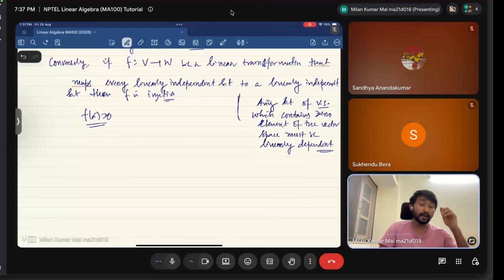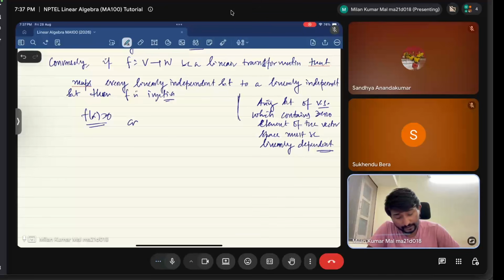What I am trying to say is that if you take a set of a vector space V and that set contains the 0 vector, then that set is always linearly dependent. Whatever other vectors are there doesn't matter, because you can multiply the 0 by a non-zero scalar and still you get 0.